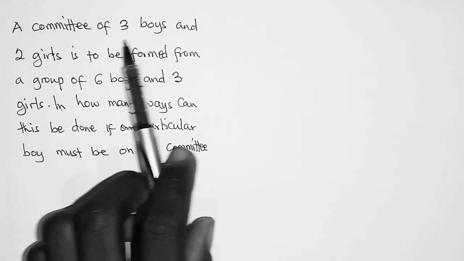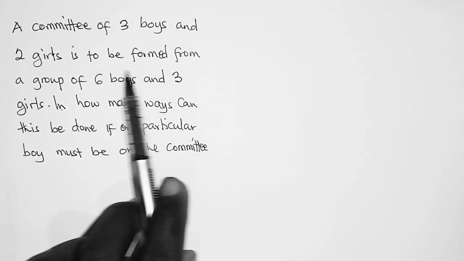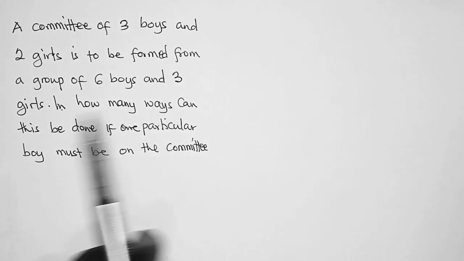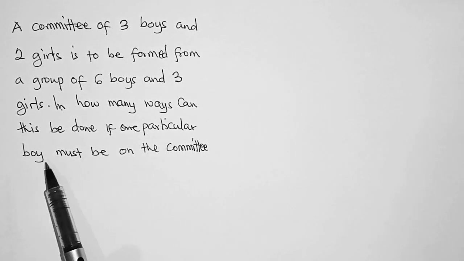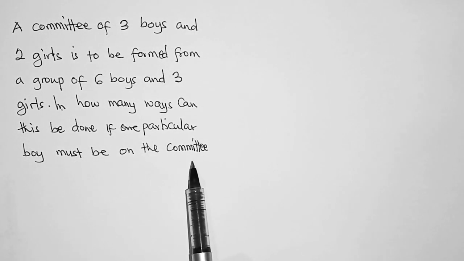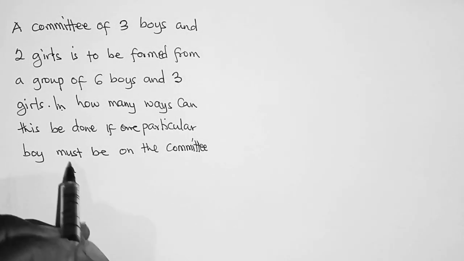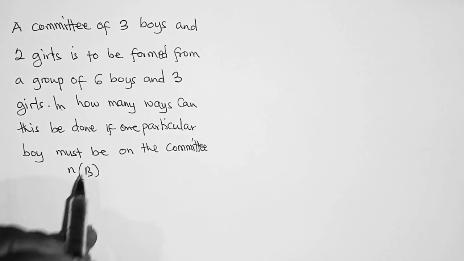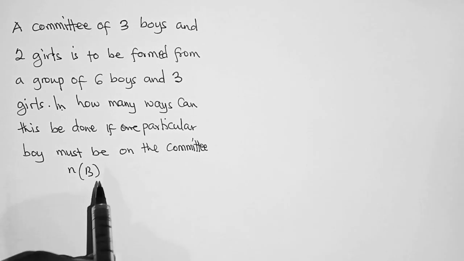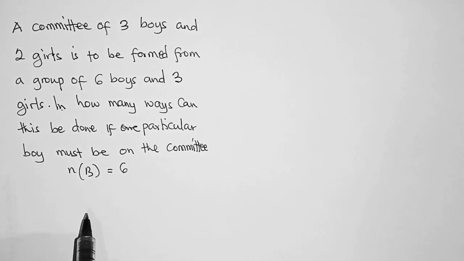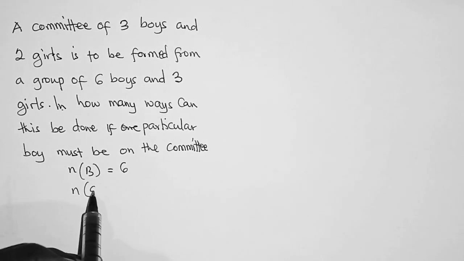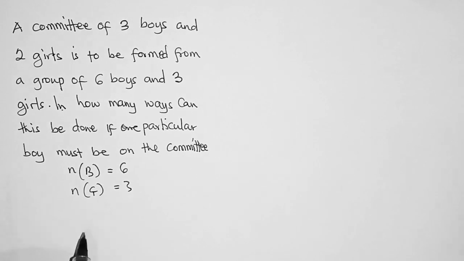A committee of 3 boys and 2 girls is to be formed from a group of 6 boys and 3 girls. In how many ways can this be done if one particular boy must be on the committee? So you can see that the total number of boys is 6 boys, and then the total number of girls is 3 girls.